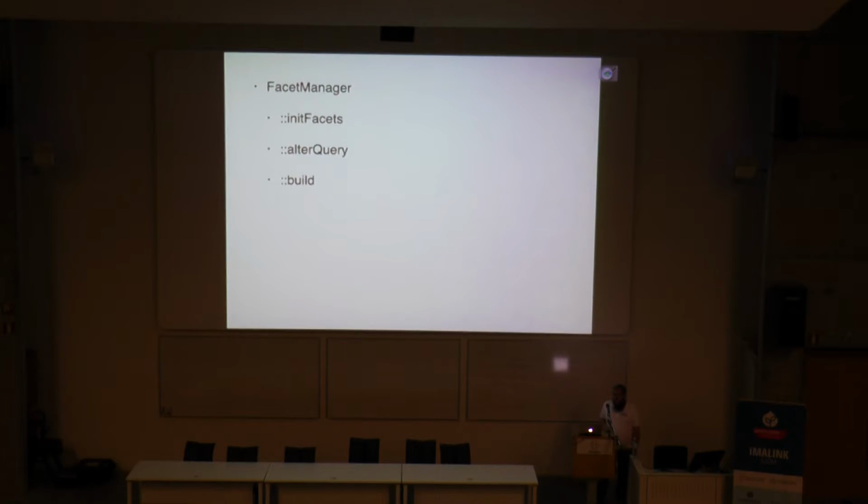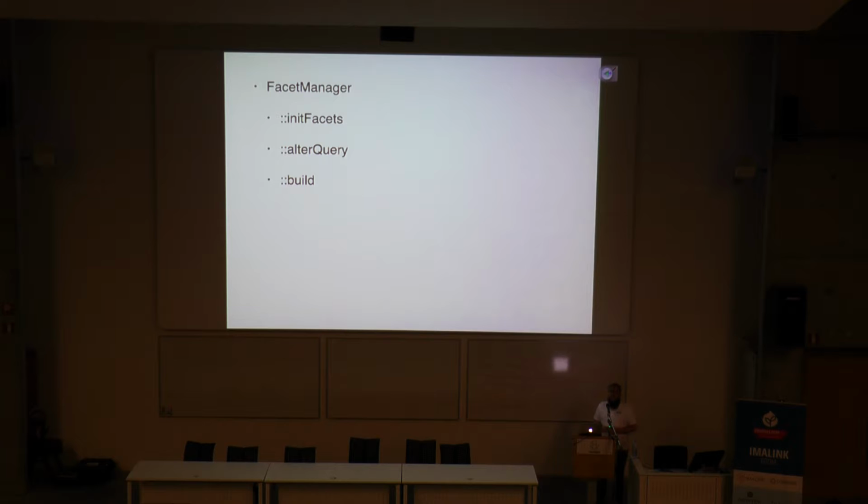So, architecture. There's one class in Facets, the Facet Manager, which is basically the one thing that wires everything together. It has an init facets method, which sets up a lot of things and loads facets from the storage, and it sees which facet is enabled on this page and which one we can react to.